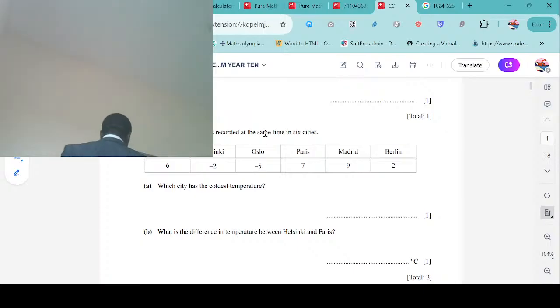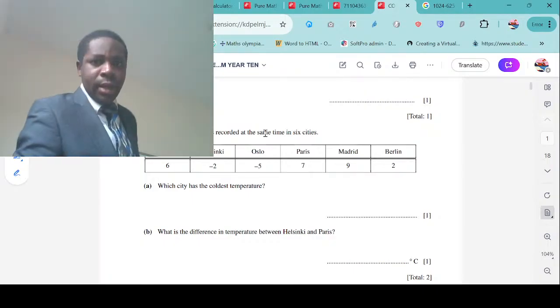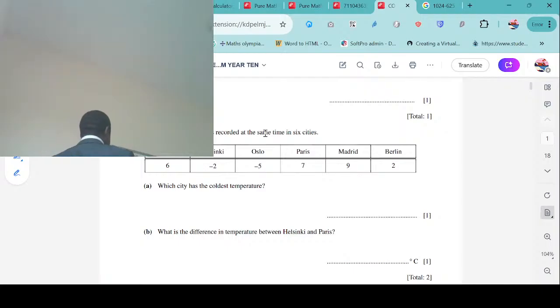So we have 6 cities. 1, 2... followed by Helsinki. I've not heard of that city before.